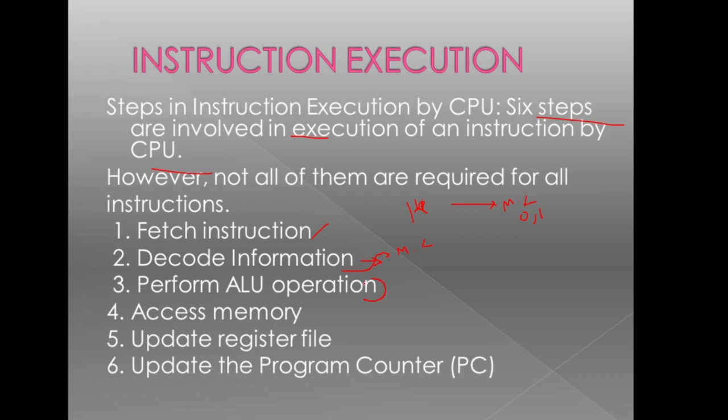If the given instruction needs an ALU operation, that is, an arithmetic logical operation, it will perform that operation. Afterwards, it will send to the memory. The processor data is sent to the memory, then it updates the register file. Afterwards, it updates the program counter. The program counter here is nothing but a kind of register.